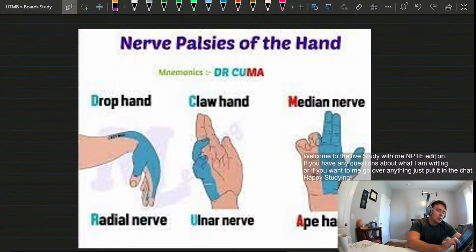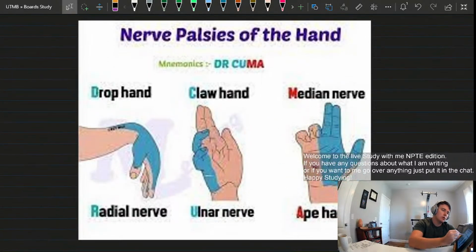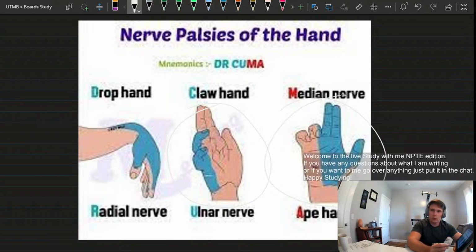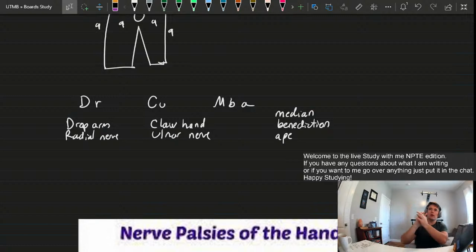So the problem is these two look identical, especially with the picture, and it's not saying what you're doing or what you're not doing here. So with the claw hand, with the ulnar nerve, you know the ulnar nerve goes to the fourth and fifth digits here. So if you cannot make a clasp, you cannot clasp your hand, then you have an ulnar nerve problem.